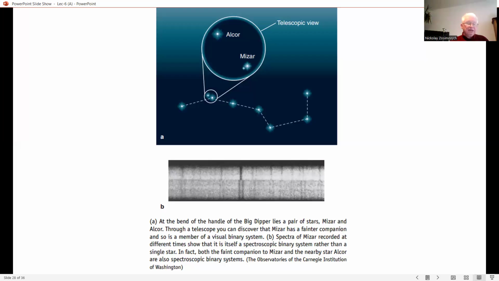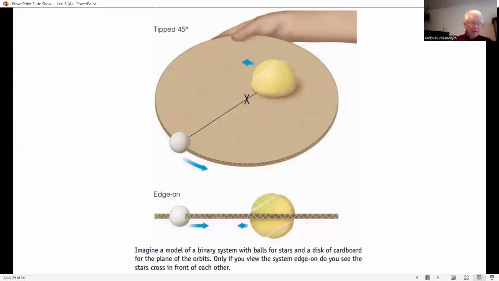The result is the most informative kind of binary system. As mentioned earlier, the orbits of the two stars in a binary system always lie in a single plane. If that plane is nearly edge on to Earth, then the stars appear to cross in front of each other.